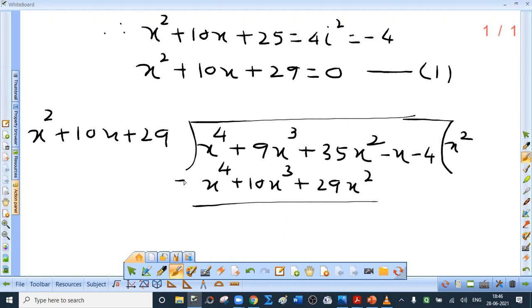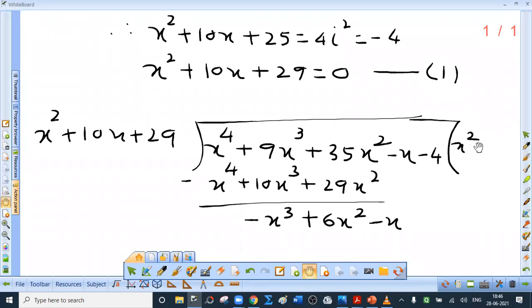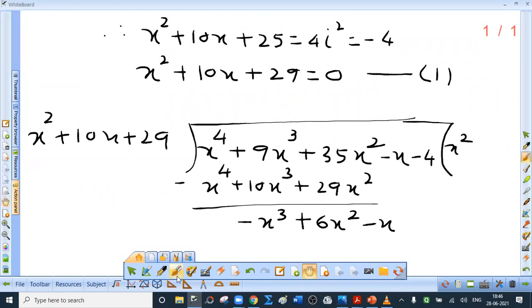So that gives me minus x cube. You have to be careful. Plus 6x square. Bring minus x and write it after 6x square. So it is minus x. Again, same logic. Minus x cube upon x square is minus x. So I have to write minus x in the quotient.